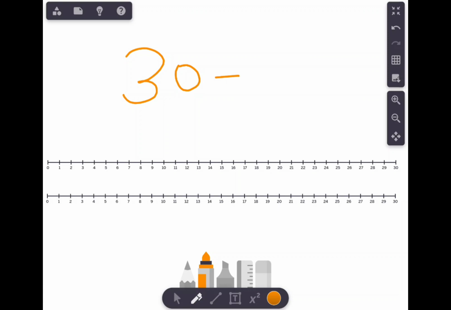Let's say 30 minus 3. In a word problem, it would look like: if the temperature during the day was 30 degrees and it dropped down to 3 degrees by night, what is the difference in temperature between day and night? So we can use the constant difference strategy here.